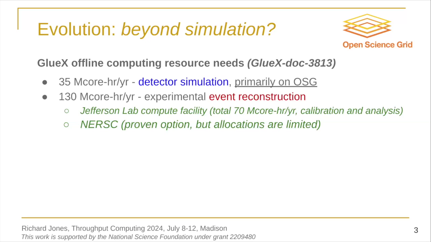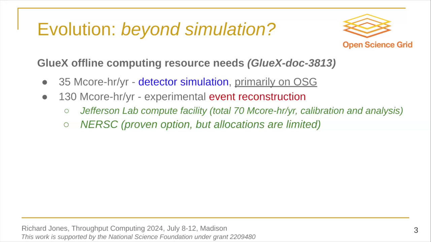It turned out, though, that the demand for that compute facility far outstripped the resource growth, and so we were able to get time at NERSC, which is a national HPC platform, and that's where most of our event reconstruction is now happening. However, we've been faced with a limitation that we cannot get enough allocation to analyze our data in a timely way.